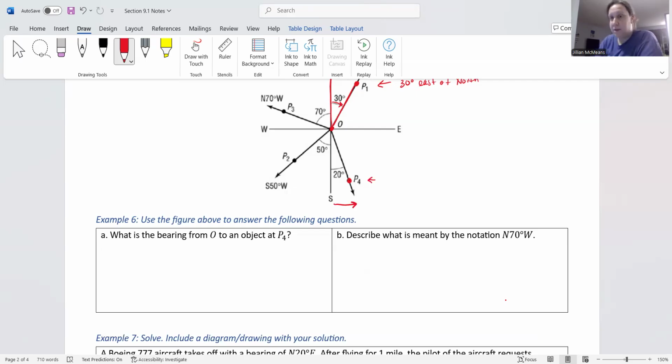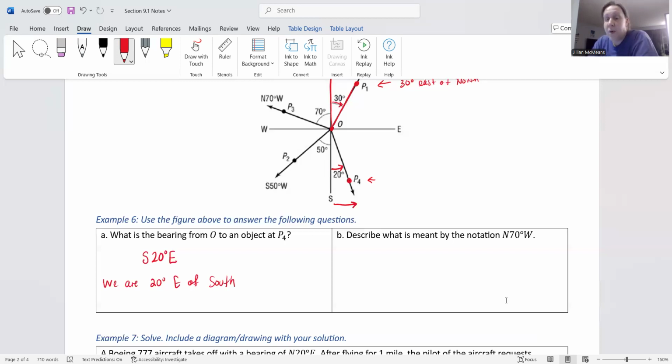P4 is definitely to the east of this south direction from our origin O. Okay. And we are told that it is 20 degrees east. Okay, so we would say the bearing here is south 20 degrees east, which just means we are 20 degrees east of south in relation to that point O.